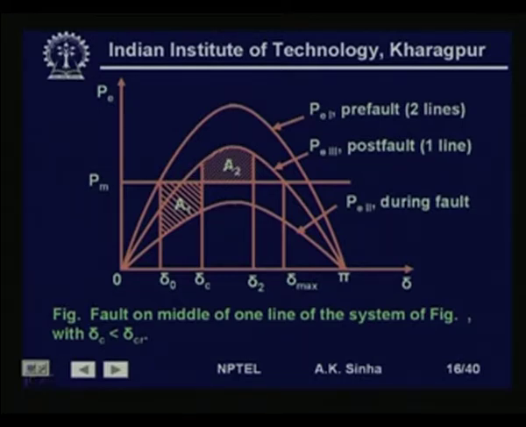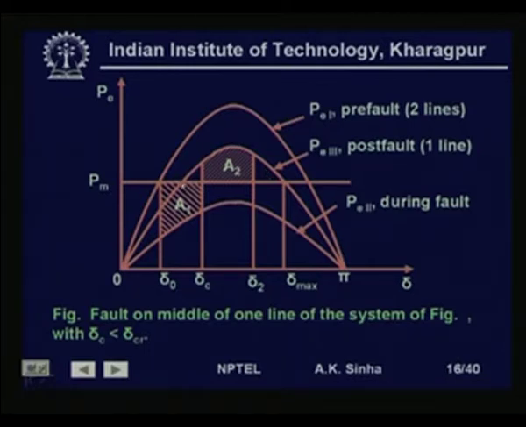So, when these two are equal, we will get the final operating point here. That is, delta will start from here, jump here, move like this, go up to here, and then it will keep on oscillating about this point, and finally it will settle on this point.